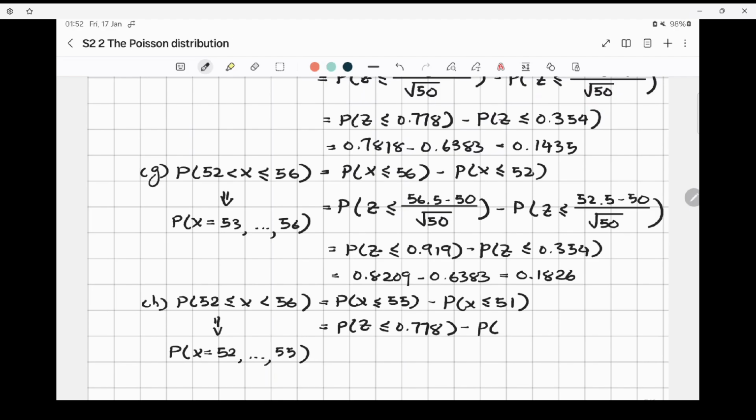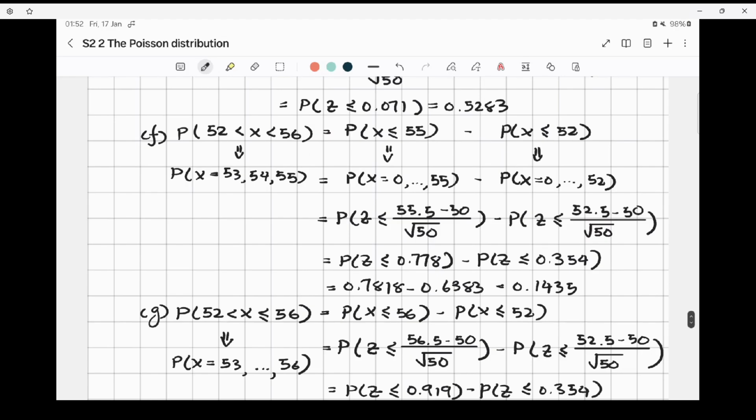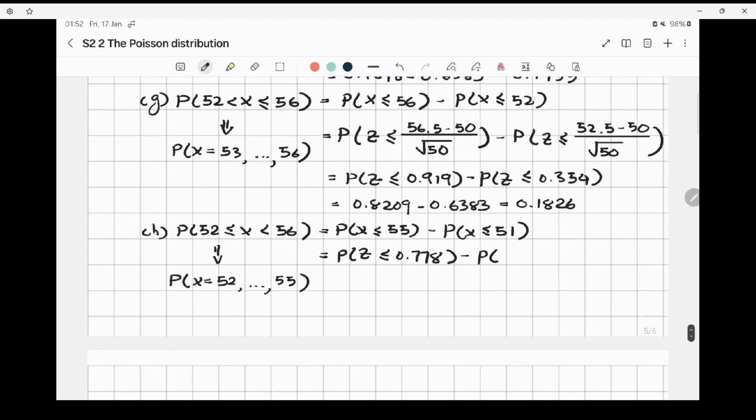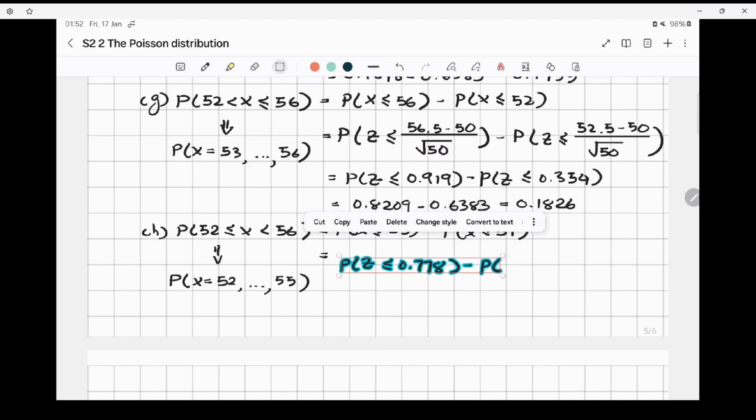So the other one, 51.5. Apparently I haven't calculated it. So what I will do is something like this: 51.5 minus 50 divided by the square root of 50.